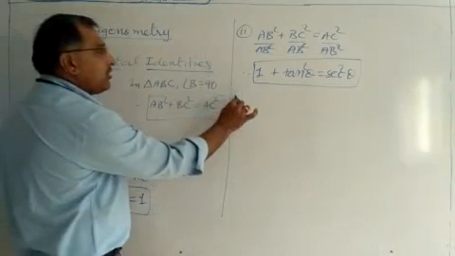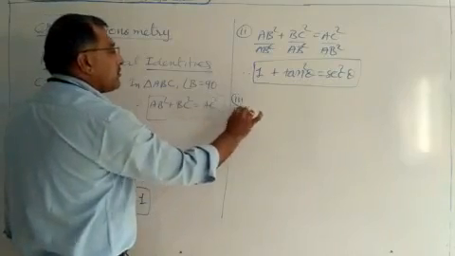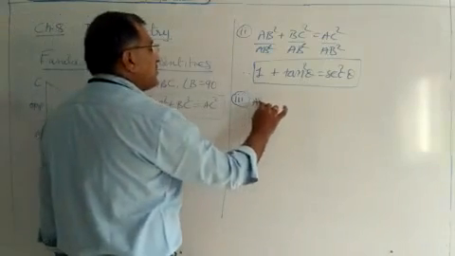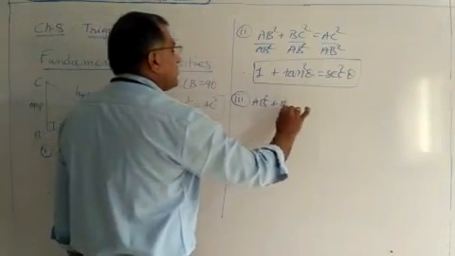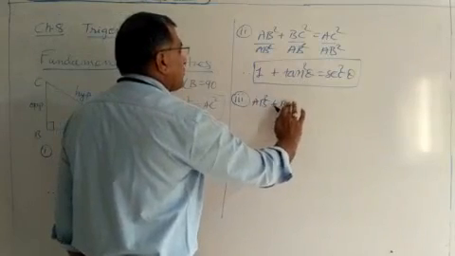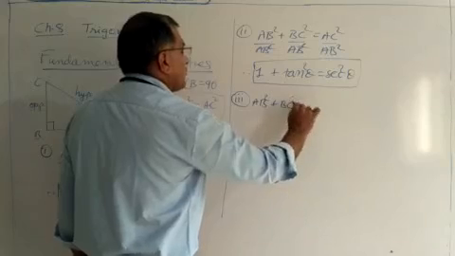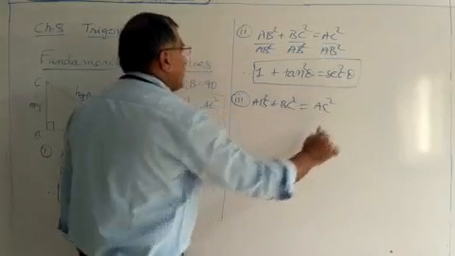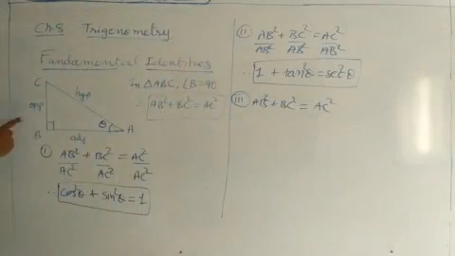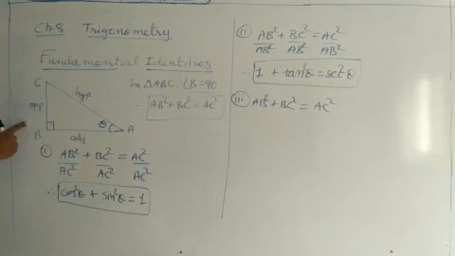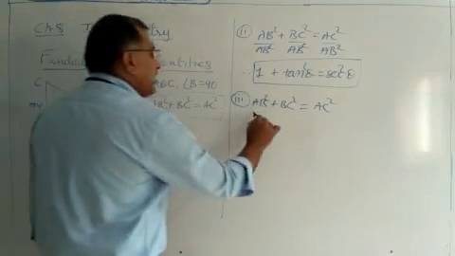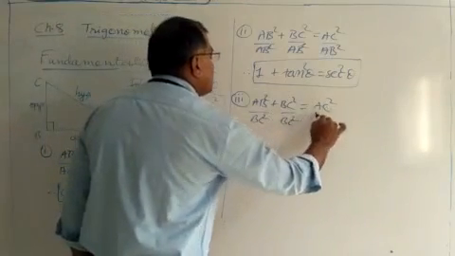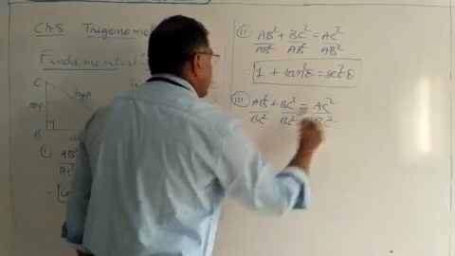Then we will go for third identity, again using Pythagoras theorem, AB square plus BC square is equal to AC square. Now dividing by BC square, that is opposite side, we get AB square upon BC square plus BC square upon BC square is equal to AC square upon BC square.